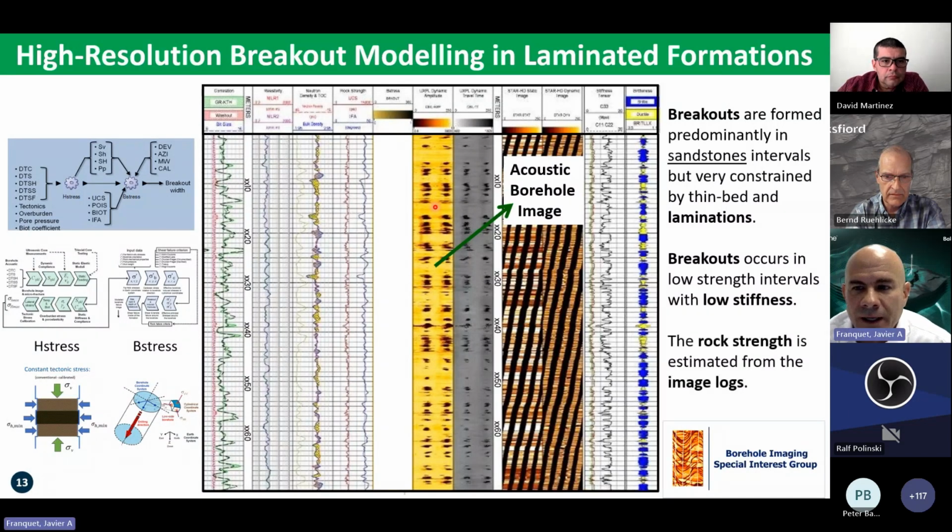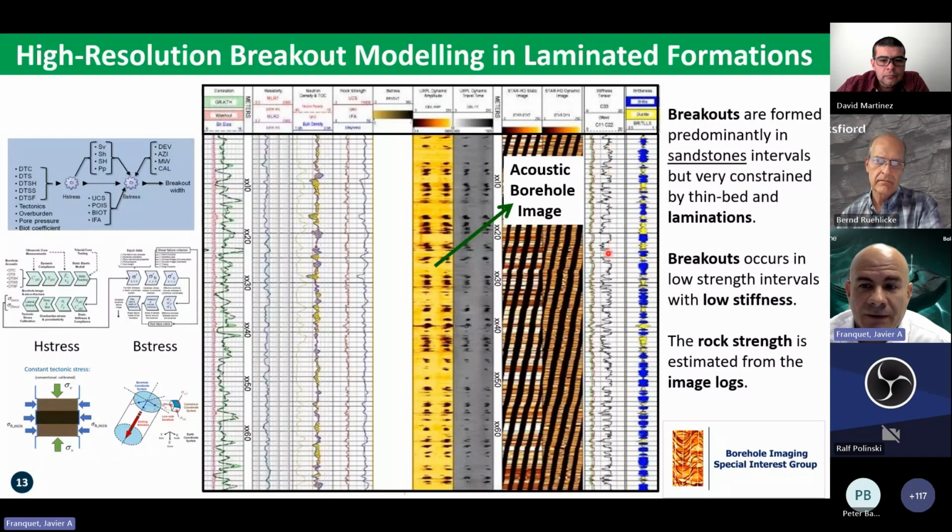Okay, and when we come up with a very high stiffness, this is a proxy of the Young's modulus. This is actually coming from the resistivity image. We use the higher vertical resolution from the resistivity to come up with a density, and from the density we get the stiffness.